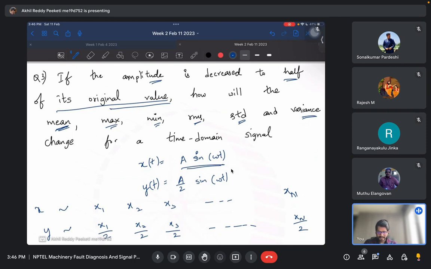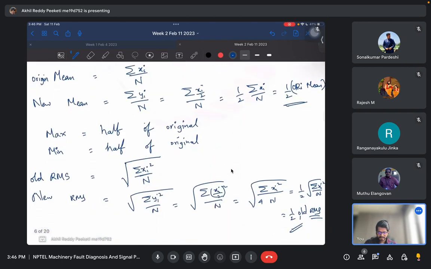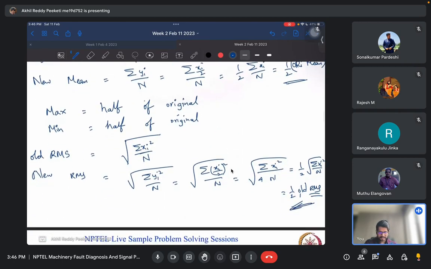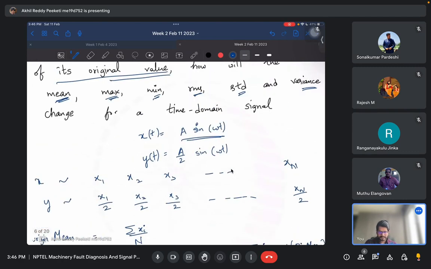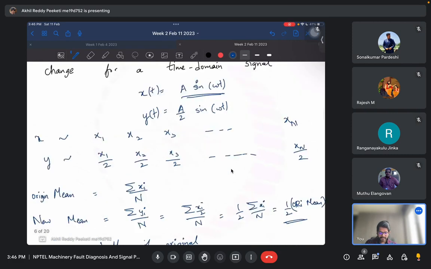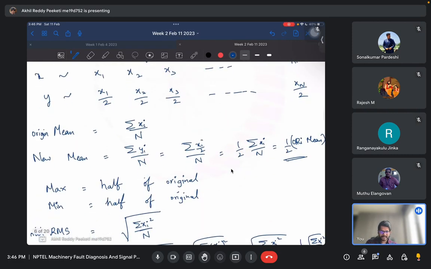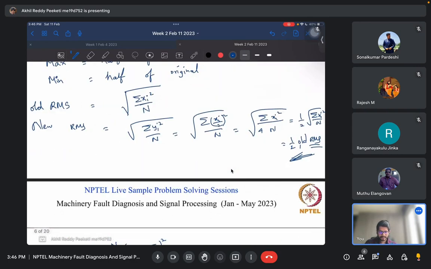The mean, maximum, minimum and RMS which you have seen here are only for a pure sine wave. But let's say a constant is there in the signal itself and then you are multiplying, then you need to put the correct case and see how the values change.